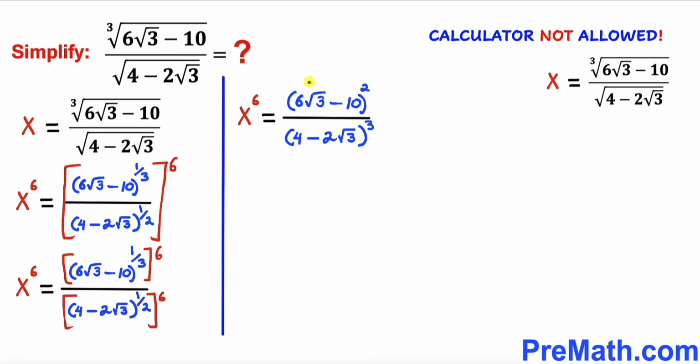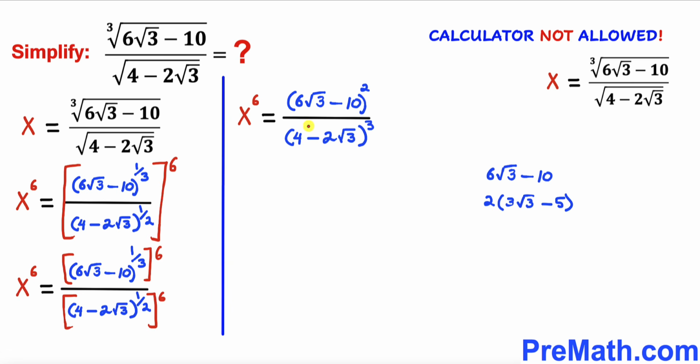And now we are going to simplify the numerator and the denominator further. Simply focus on this part inside these parentheses. Here I have copied down this part over here. And now we can see 2 is in common between these two terms. So this could be written as 2 times, inside the parentheses, 3 times square root of 3 minus 5.